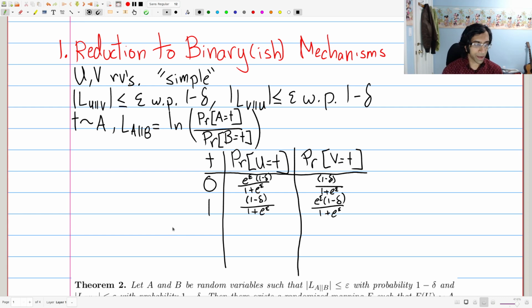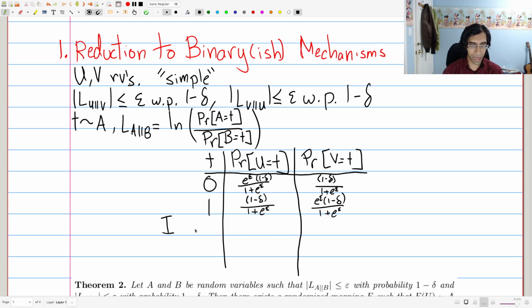On the other hand, this is of course not a complete probability distribution, in the sense that, if you sum this up, you might notice that this only sums to 1 minus delta, and similarly this only sums to 1 minus delta. So you need another symbol in order to complete the probability distribution and also handle the case where it might exceed this value.